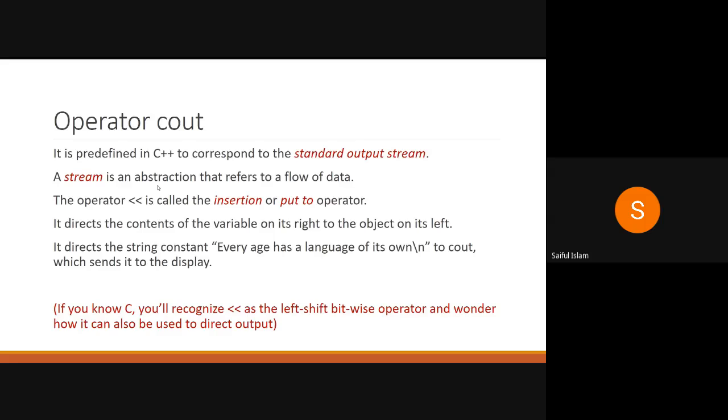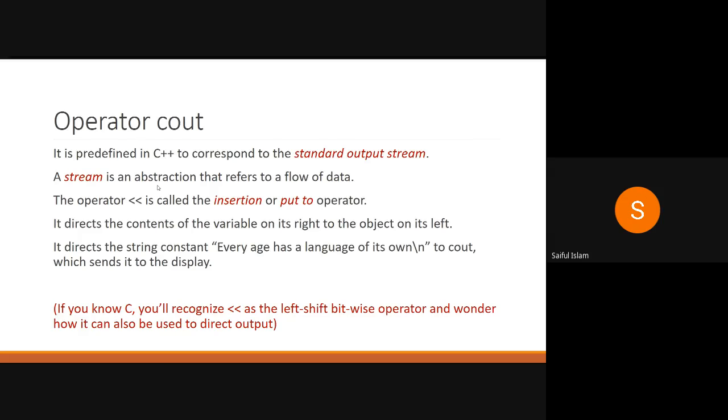It's a left shift operator in C. It is also a left shift operator in C++, but it is also an insertion or put to operator in C++. So now it has dual functionality as an insertion operator and as a left shift operator. How to define it, we will discuss when we discuss operator overloading in detail.